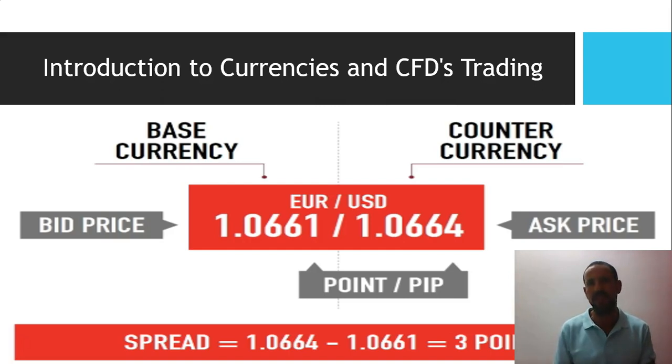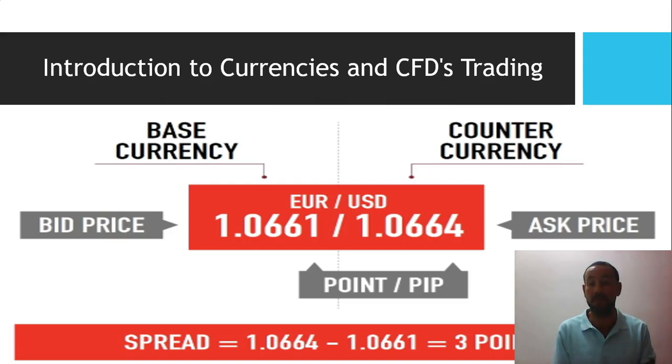Now, in terms of pricing, it's pretty different from what we're seeing in the stock market, for example. Only here, you have two sets of price. You have price on the left side, and you also have price on the right side. What is that all about? Well, in the currency market, you have bid price on the left side and ask price on the right side, where basically, whenever you want to sell the euro dollar, the quote that you would be getting would be on the left side.